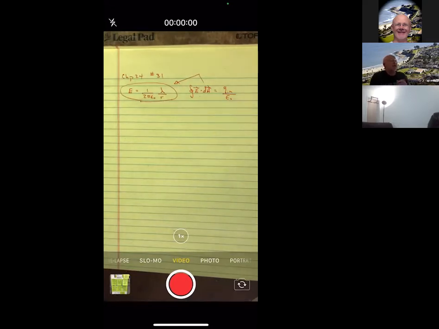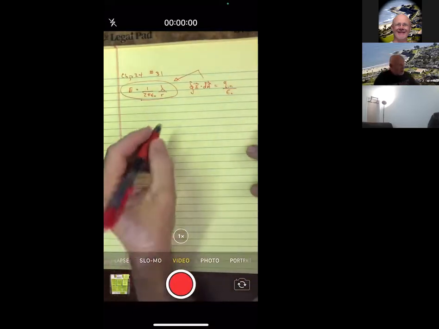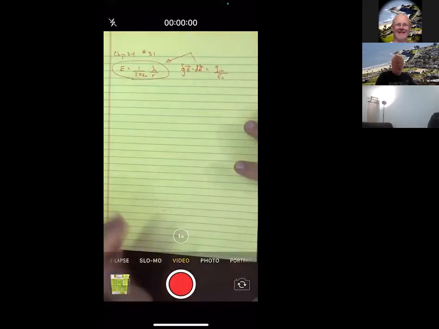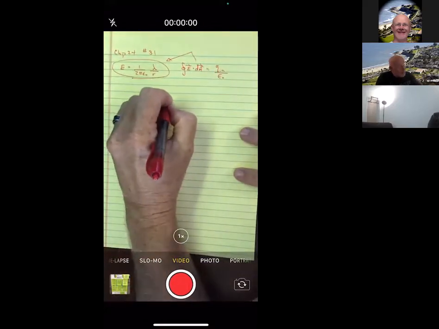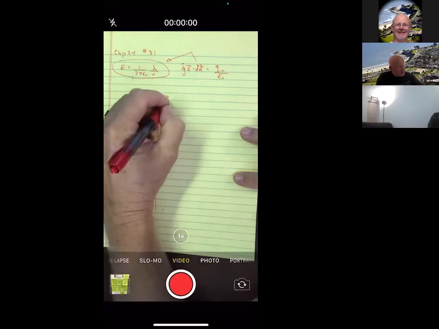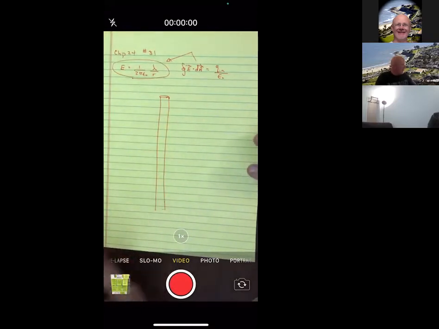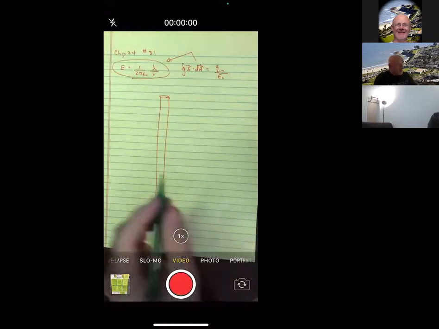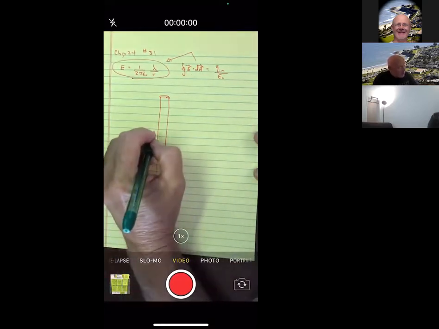Now, notice they said the cylinder is only 2 centimeters. 2 centimeters is incredibly small compared to 7 meters. And that's the key here. So I'm going to go ahead and in my doodle page here, say, all right, this is this really long wire, 7 meters.